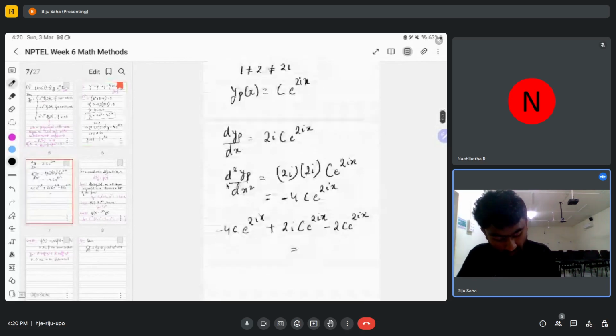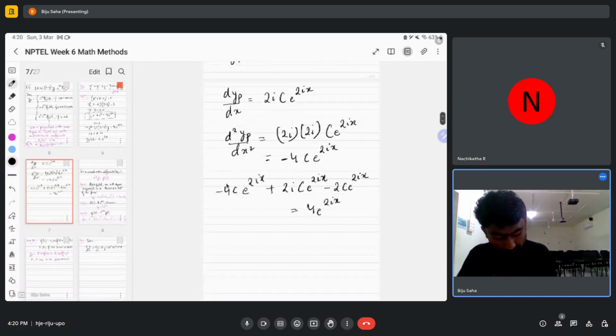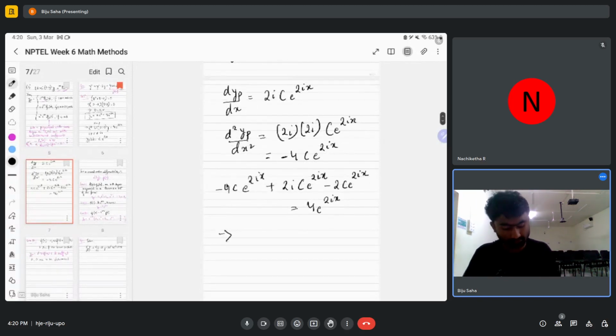and on the right hand side I have 4. So overall I have 6c e to the power 2ix.